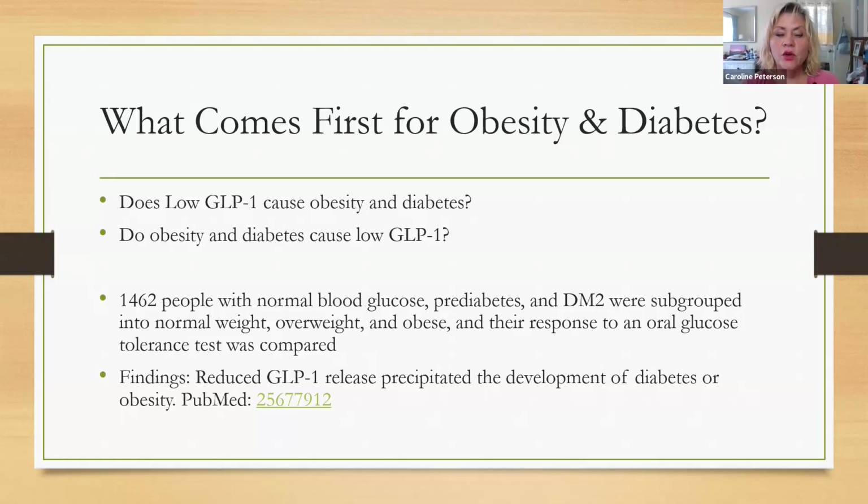And what they found was that GLP-1 release precipitated the development of diabetes or obesity, which is to say there was a change in the amount of GLP-1 production before the development of diabetes or obesity. So GLP-1 decrease was what could have been a factor in developing obesity and diabetes.